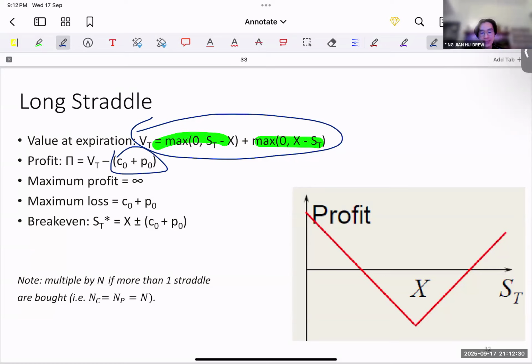The break even: there are two break evens here. Like what you asked earlier on the butterfly, for the straddle you're also going to have two break evens, which are the points below X and above X, and this plus minus is basically the cost of the call and the put.